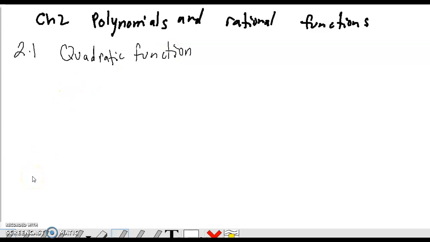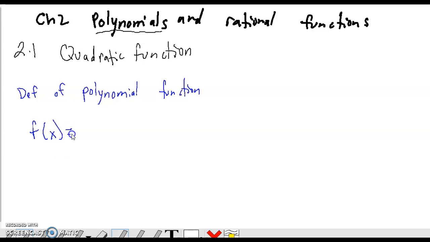Okay. A polynomial, right? If we come back to a polynomial, polynomial means many terms. And so a definition of a polynomial function is going to look like this. I'm going to write this long equation out and show you what this means.